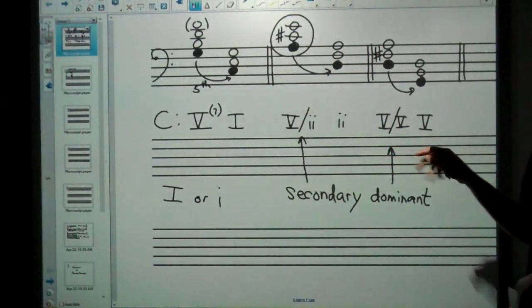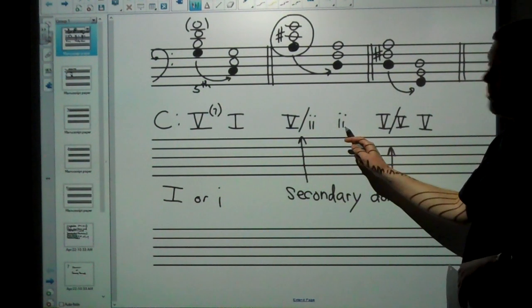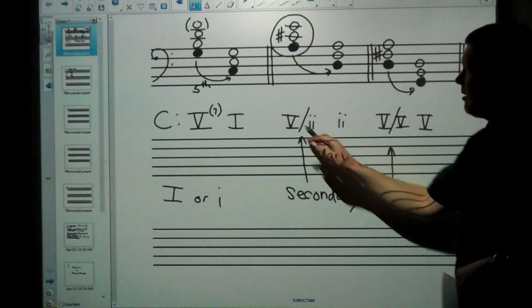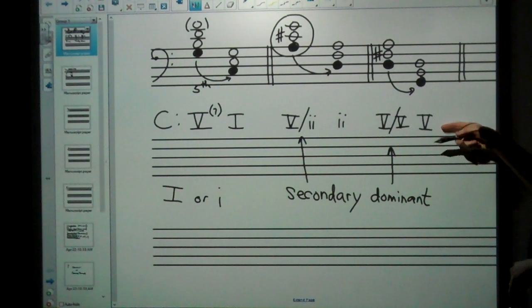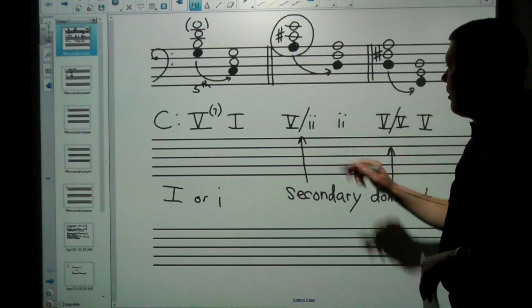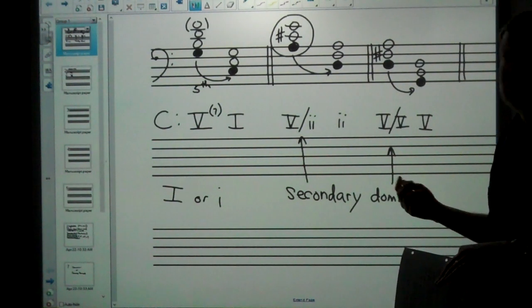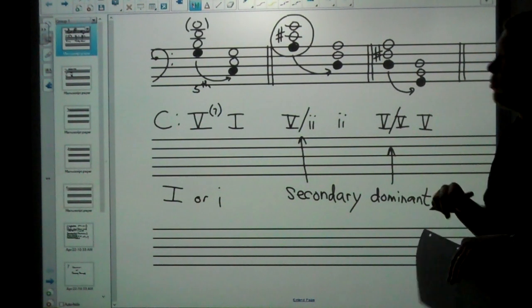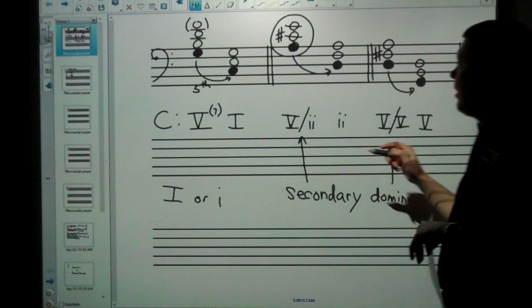Again, in these two examples, you can see that I have a minor triad and I preceded it by its own dominant. And in this example, I have a major triad and I preceded it by its own dominant. Because minor and major triads can only sound like resolution, they only sound like a point of repose.